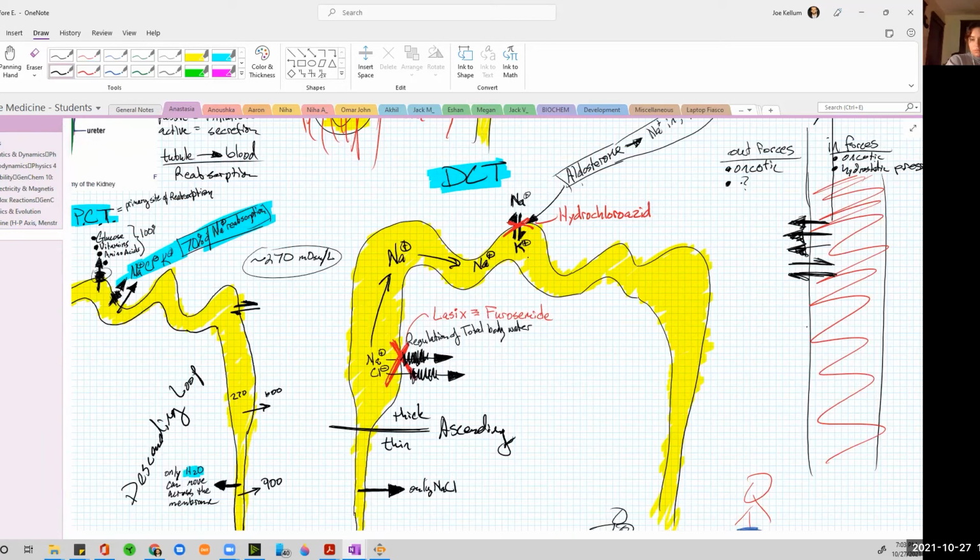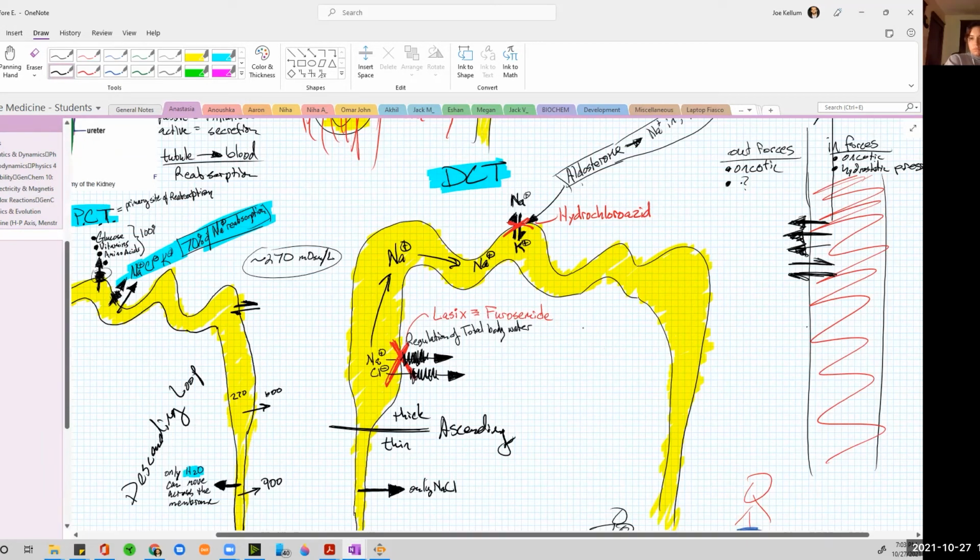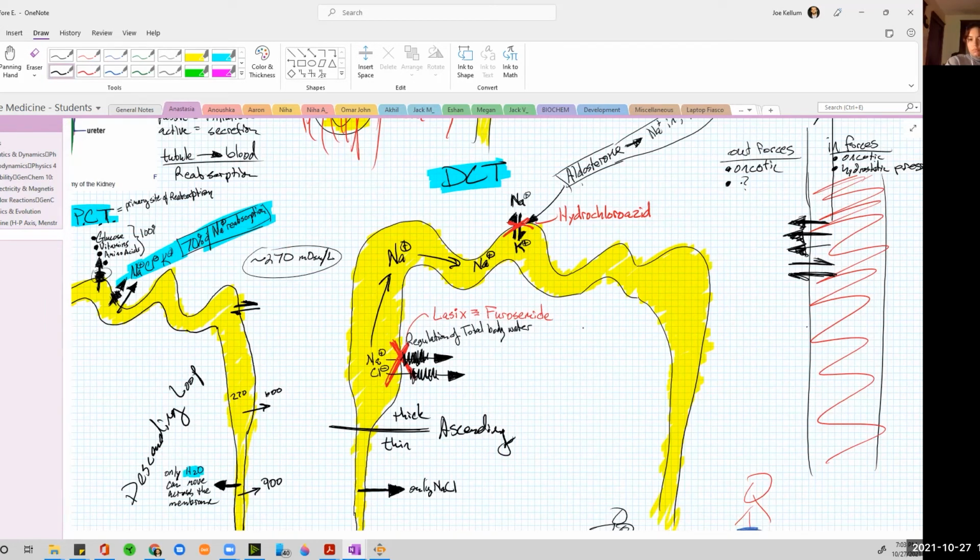sodium delivered. And so if we have this reaction where we've got sodium inside, potassium outside, yielding sodium outside, potassium inside, and we increase our reactant, which was sodium inside, what do you think is going to happen? It means we're going to shift the equilibrium and increase our products.